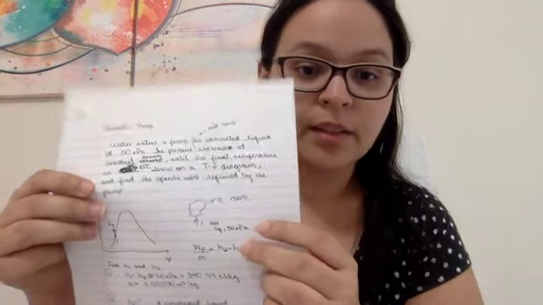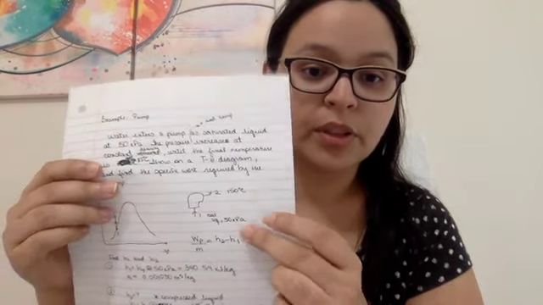Power is kilowatts, that's kilojoules per second, and M dot is kilograms per second. So if I divide kilojoules per second by kilograms per second, I get kilojoules per kilogram, which is specific energy, or specific energy transfer in this case. So that's how I'm going to start that problem.